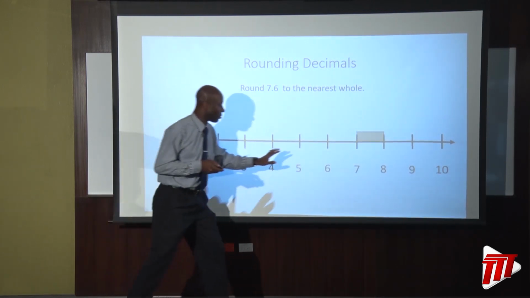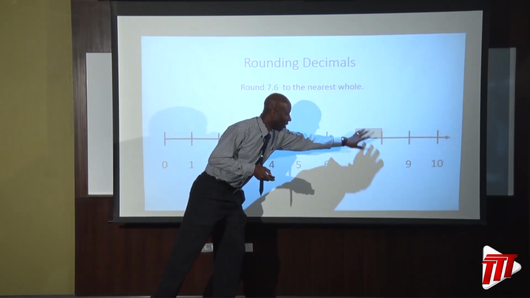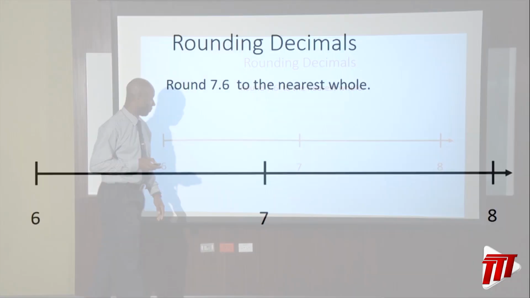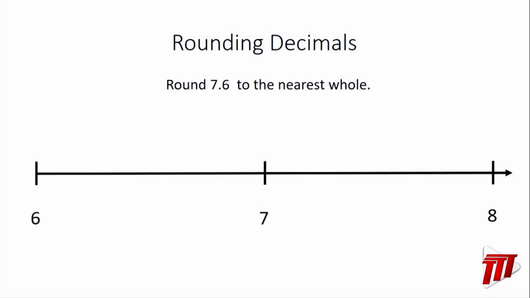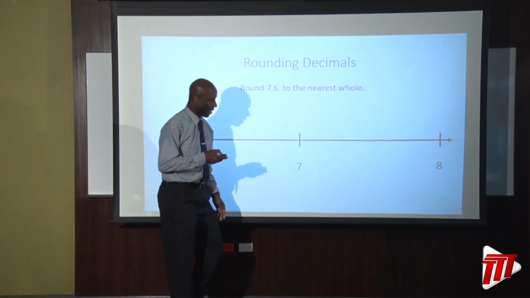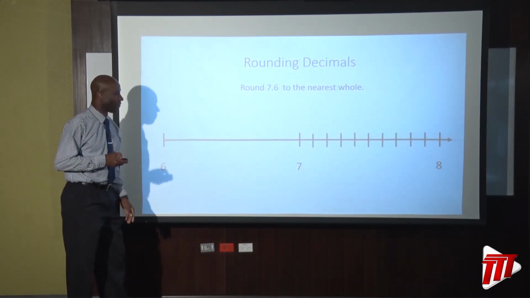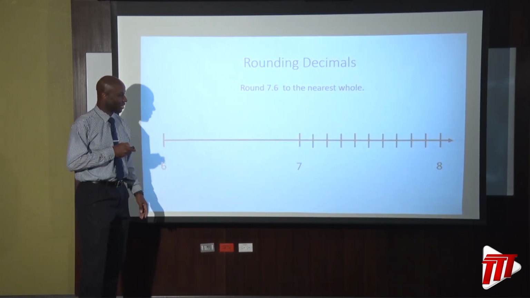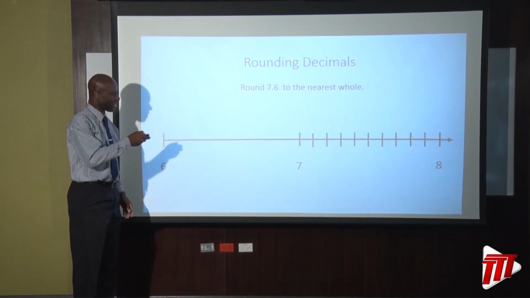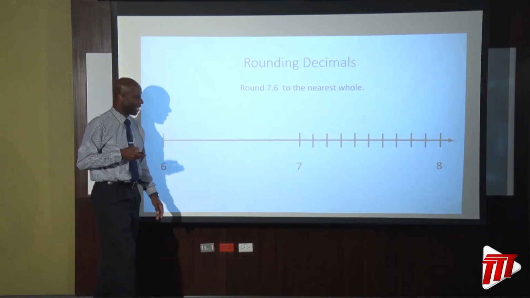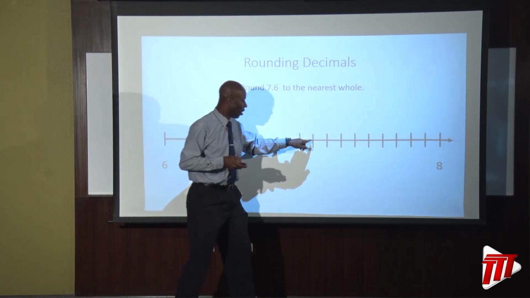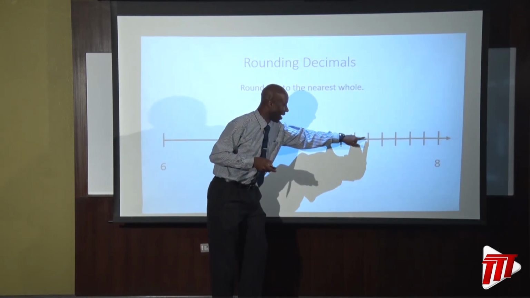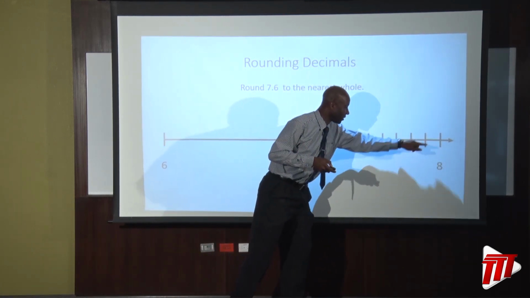So what I'm going to do is zoom in on this particular area here. So we have 6, 7, 8. 7 and 6/10 is going to be located between 7 and 8. So I am going to divide that distance between 7 and 8 into 10 equal parts. 1, 2, 3, 4, 5, 6, 7, 8, 9, 10.